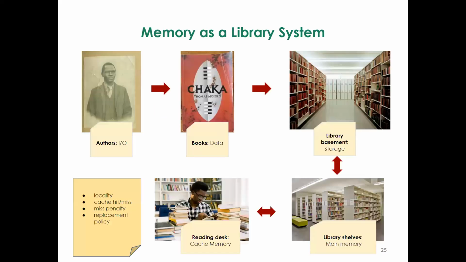So we want to do that by looking at an illustration that comes from the library system, by looking at how a library system actually works. It gives us an idea of how hierarchy is used in memory to provide an illusion of an ideal memory system.